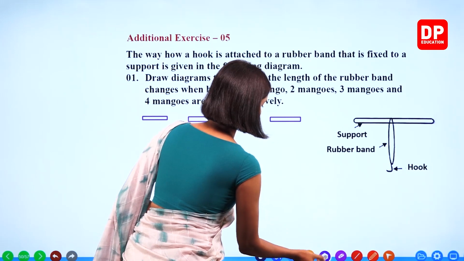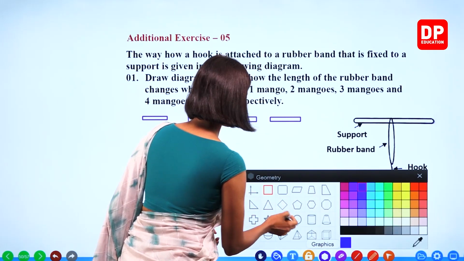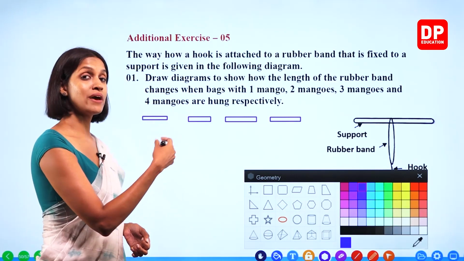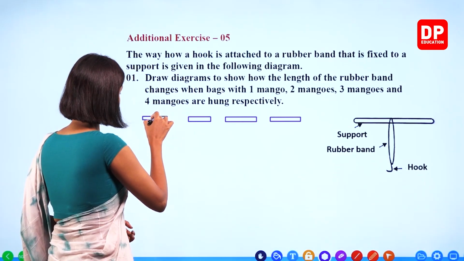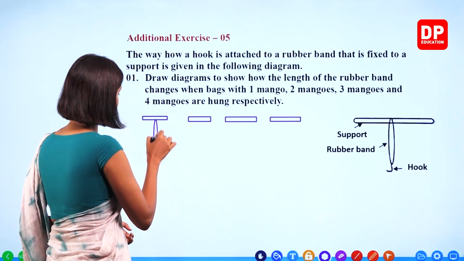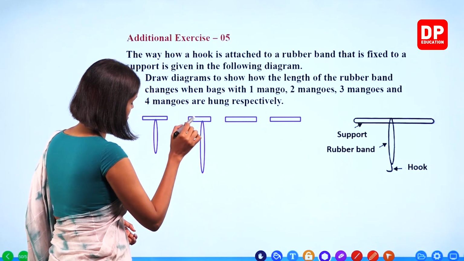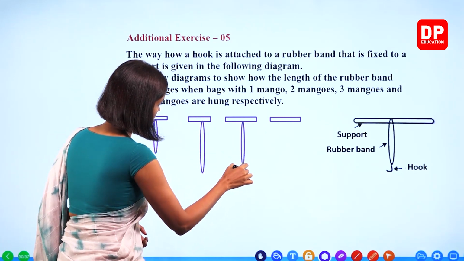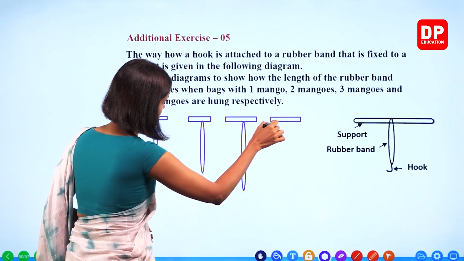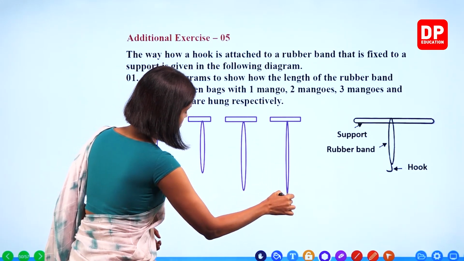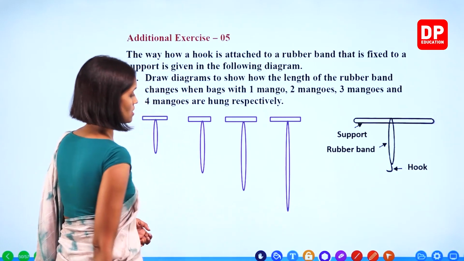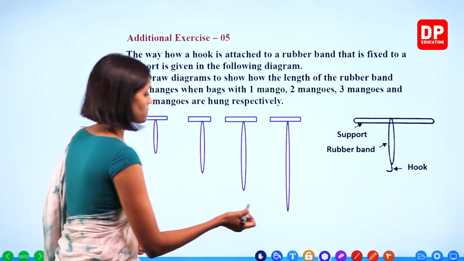So what can you tell about how the rubber band stretched at each instance? In the first instance, only a little. Next one, with 2 mangoes, it stretches more. 3 mangoes, longer. 4 mangoes, it stretches the most.